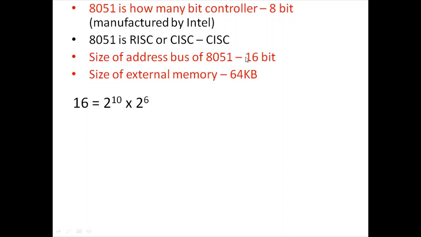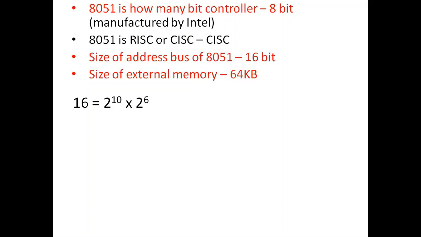Here in 8051 you have a 16 bit address bus. If you know the number of bits of the address bus and want to find the size of external memory, how do you do that? You have to split it as 2 raised to 10, 2 raised to 20 or 2 raised to 30, right? This is what we saw: kilo, mega, giga or tera.